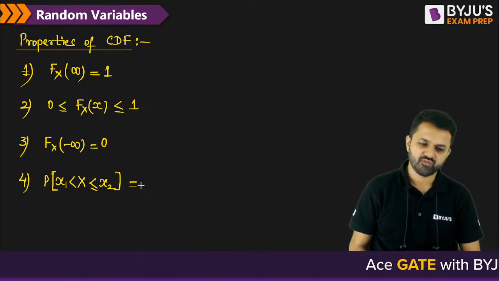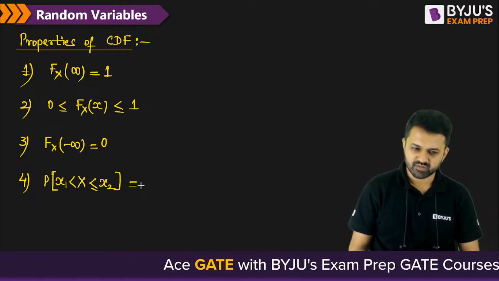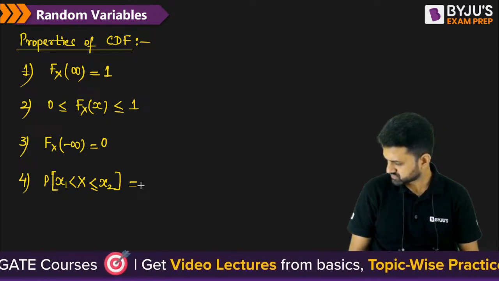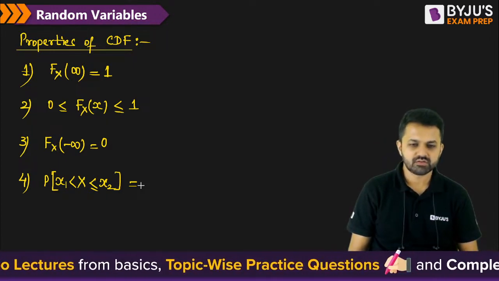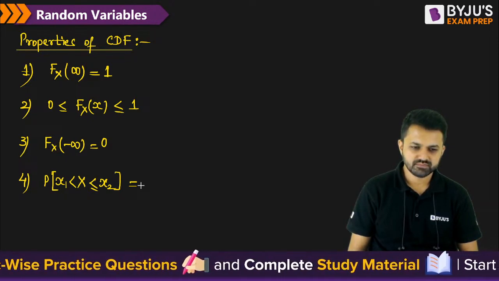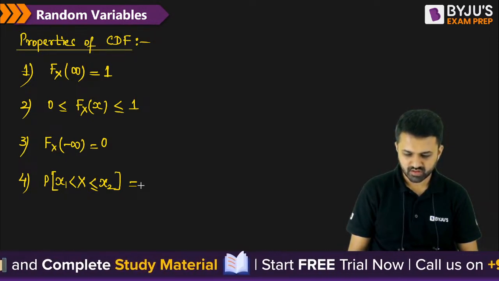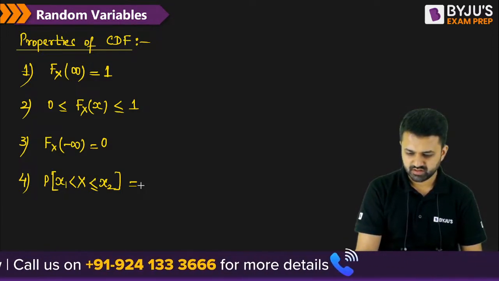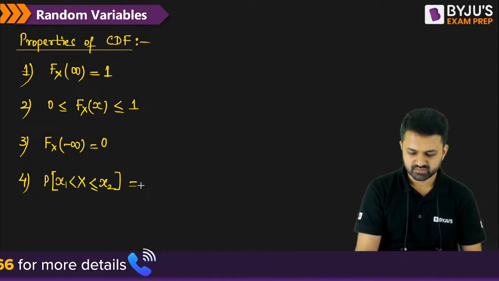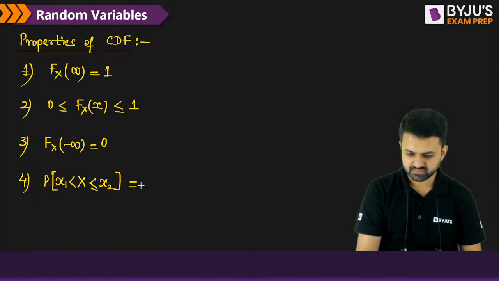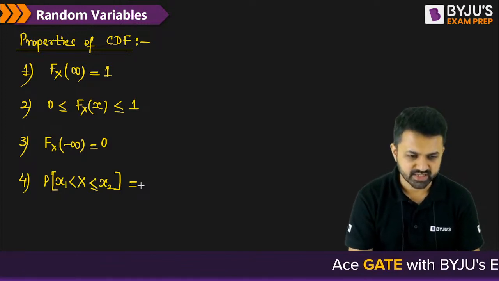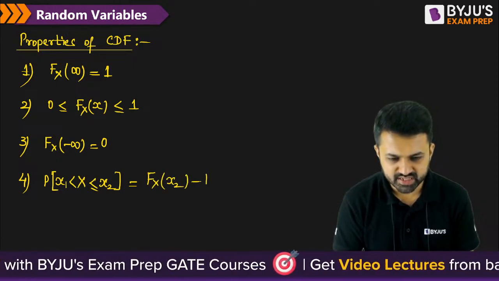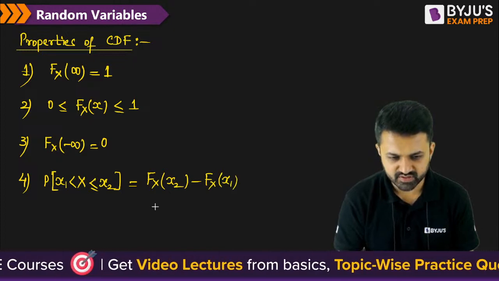What is the value of the fourth property? Yes, that's also correct: Fx(x2) minus Fx(x1).